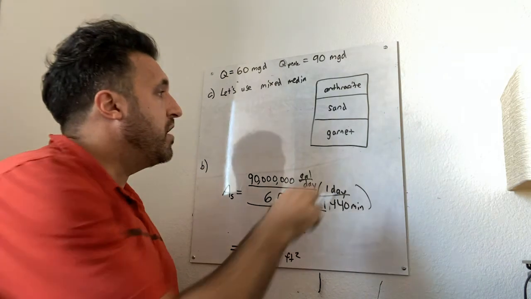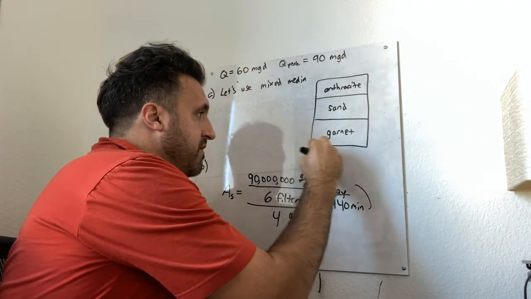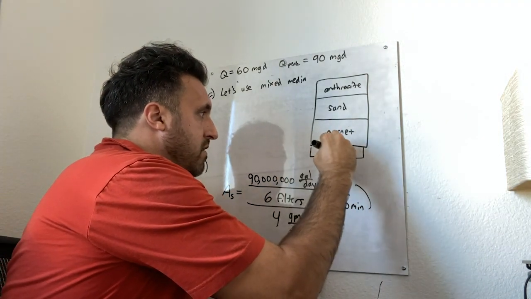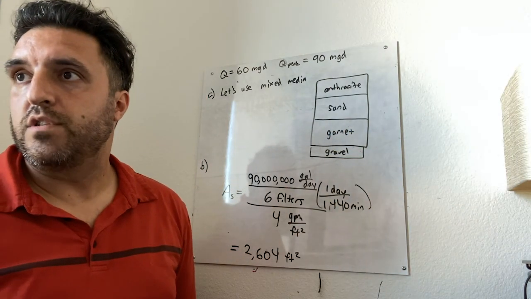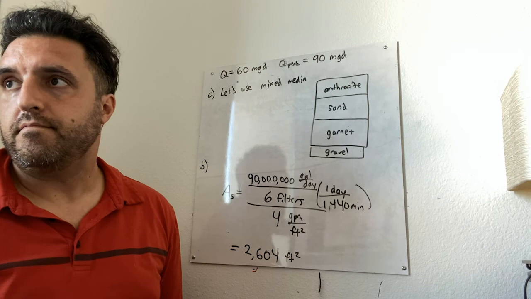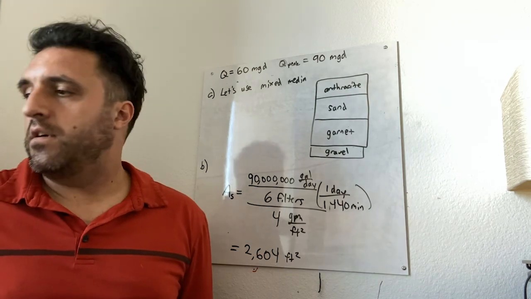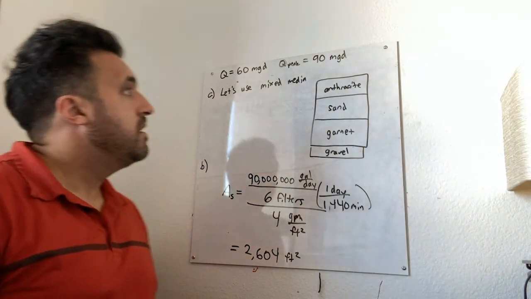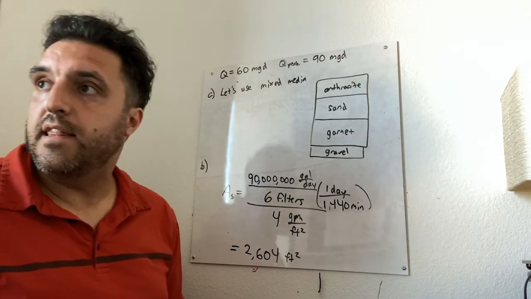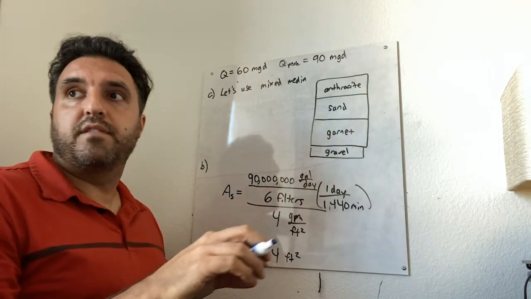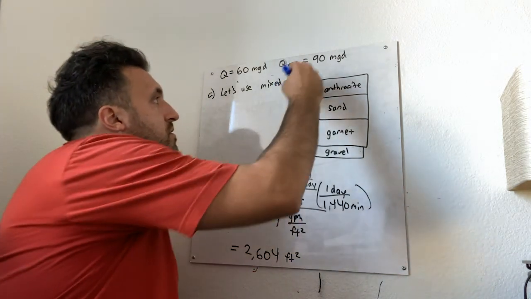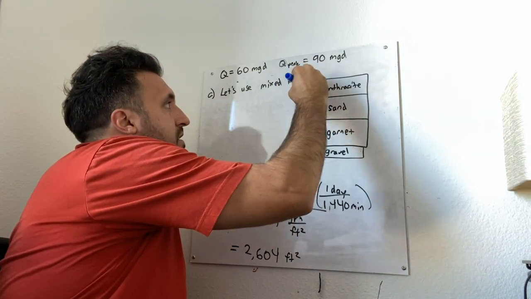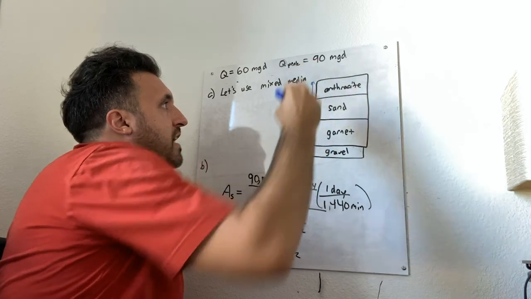And then remember, under the garnet we always need to have our gravel layer and underdrain, which have a depth as well. So if we look at the design guidelines, typical depths of anthracite would be 18 to 24 inches. So let's use 1.5 feet for that layer.